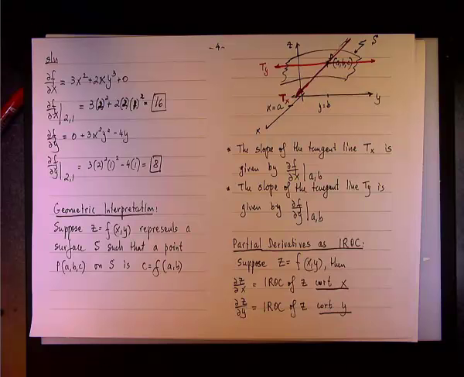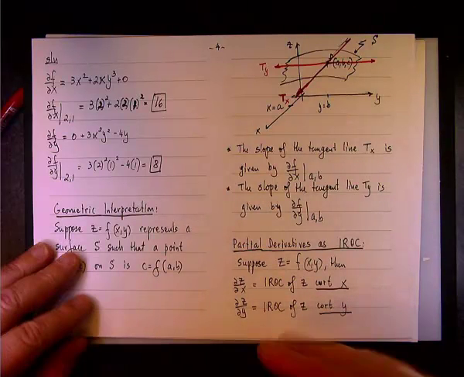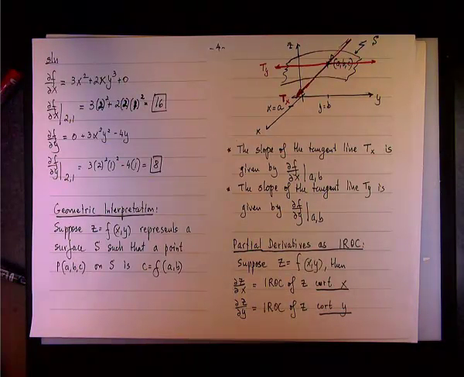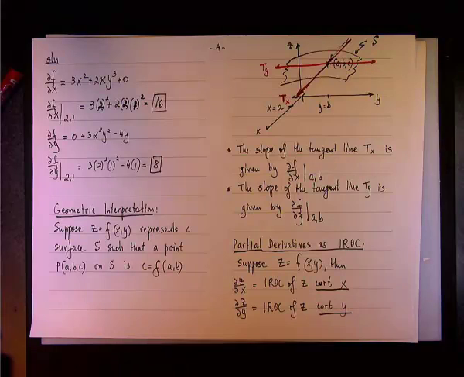Okay, so going back to the humidity and temperature, if z is the heat index, then del z del t will be the instantaneous rate of change of the heat index with respect to the temperature. Del z del h will be the instantaneous rate of change of the heat index with respect to the humidity. Okay?